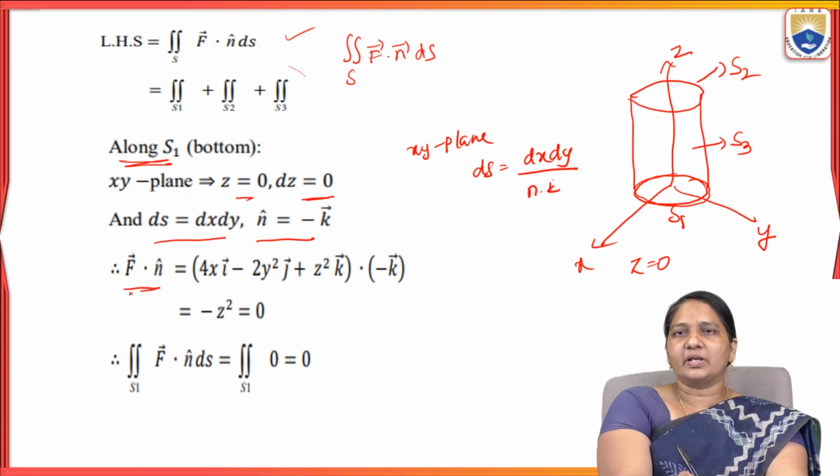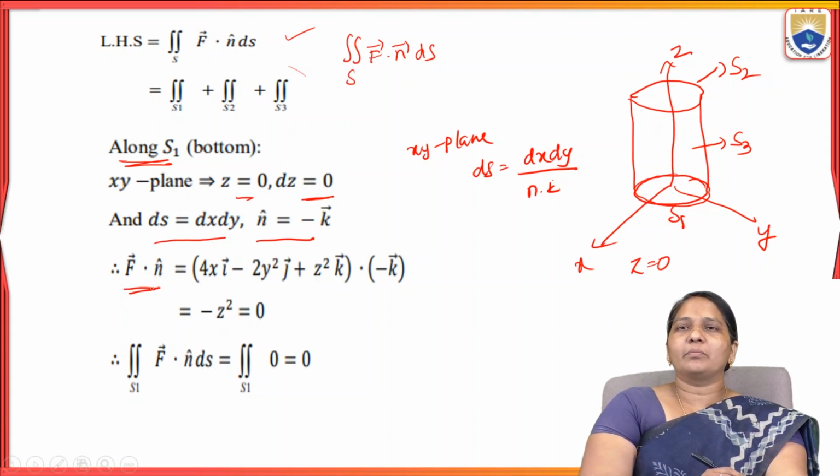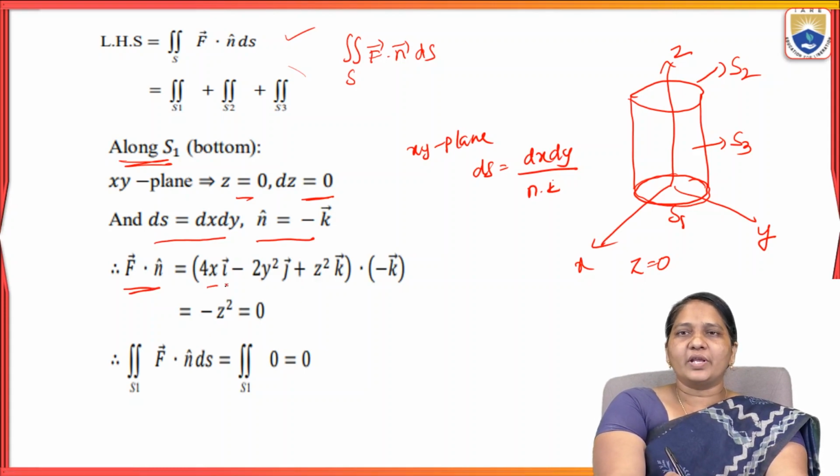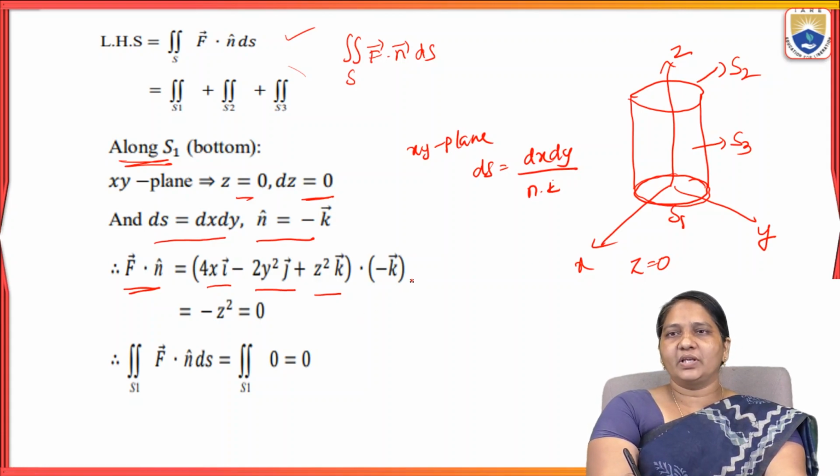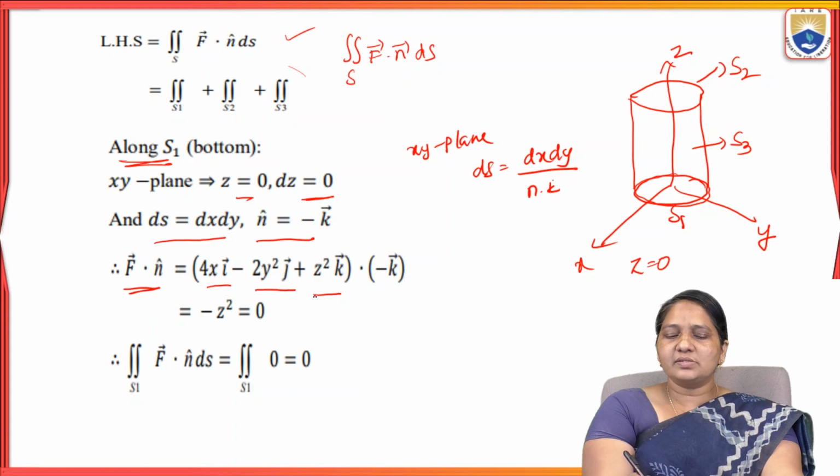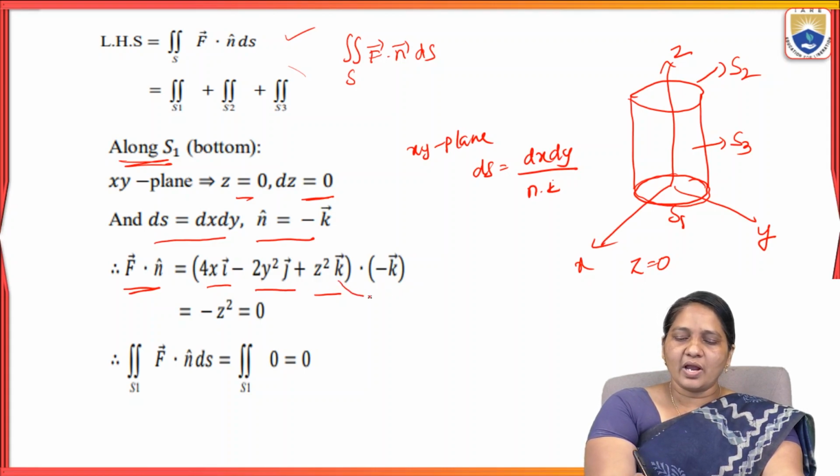According to that, first we calculate F bar dot n bar. F bar is 4xi minus 2y square j plus z square k, dotted with minus k. I dot k is 0, j dot k is 0, and k dot k is 1. So finally we got minus z square.